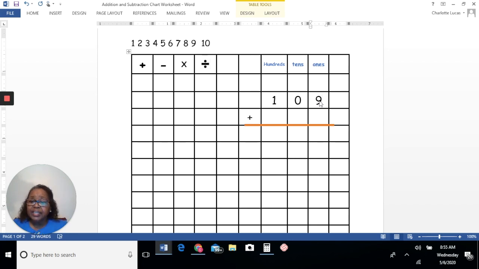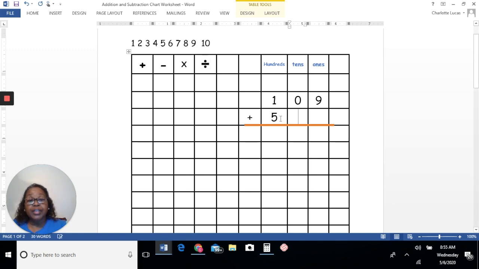56. The second number is a 2-digit number, and that's why it's so important to always make sure you line up things correctly. Because if I were to put 56 there, that would mean that I have 5 hundreds and 6 tens. But the number 56 is 5 tens and 6 ones.